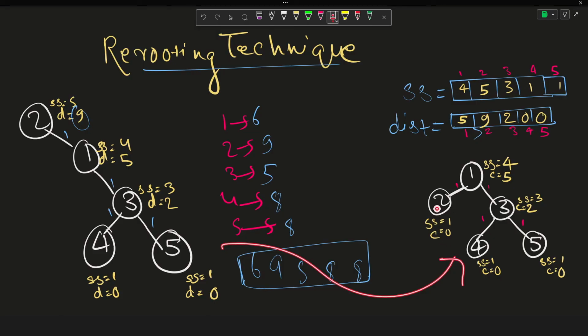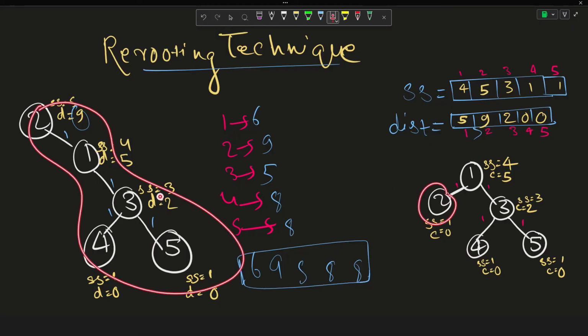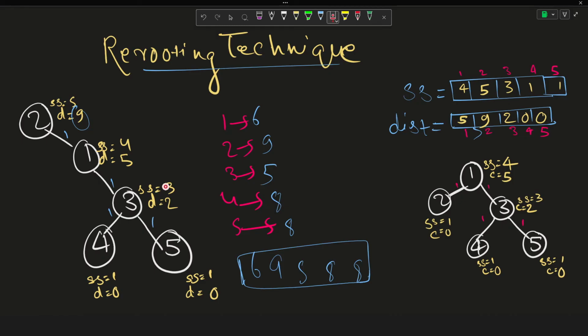So first I reduce the value of the child from the parent and get this tree, then add the remaining value to get this tree, and then I just have to do the opposite of what I just did. Then I get back to this, and I can do the same thing for other vertices as well. So I hope you understood.